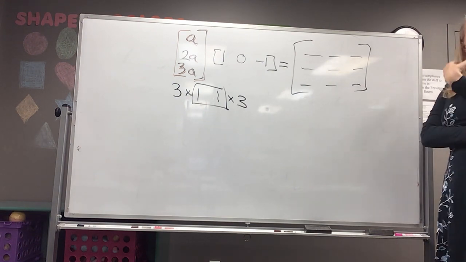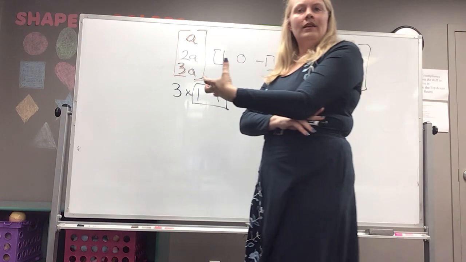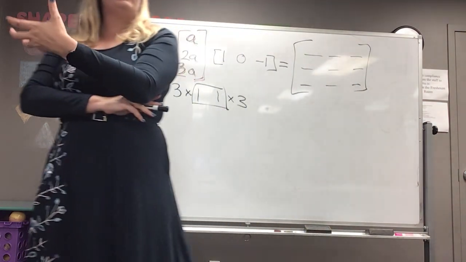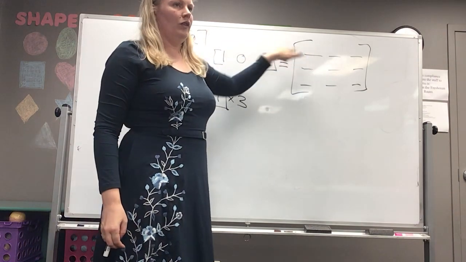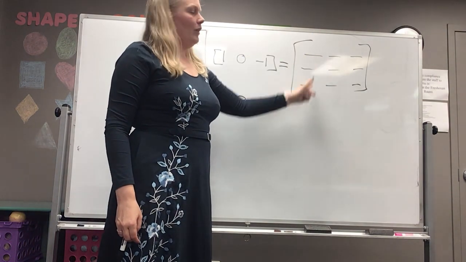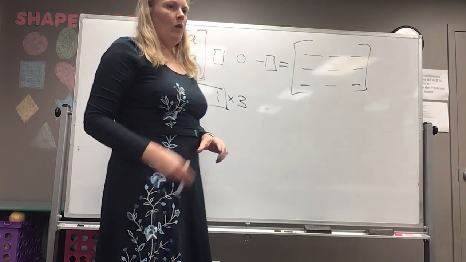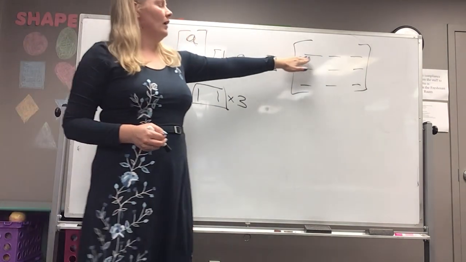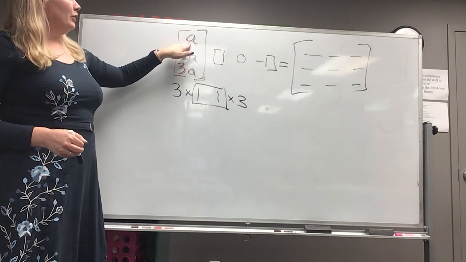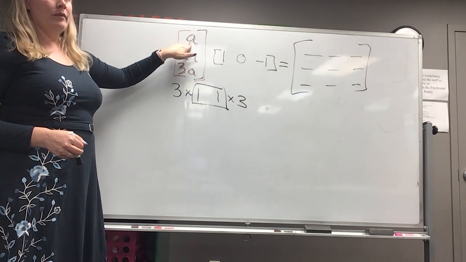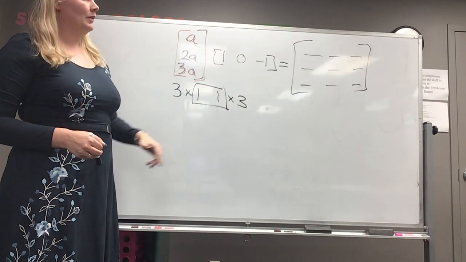The answer to matrix multiplication is always determined by the position of your spot. So this is the first row and the first column. What that tells us is we're multiplying the first row by the first column. The first row is A. The first column is 1.